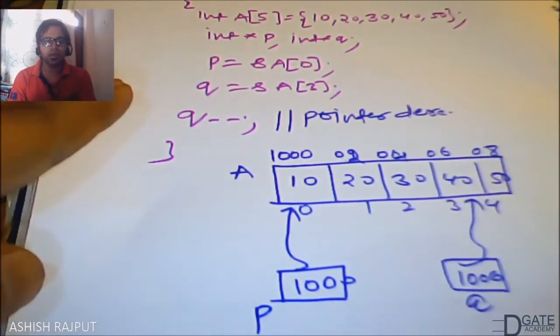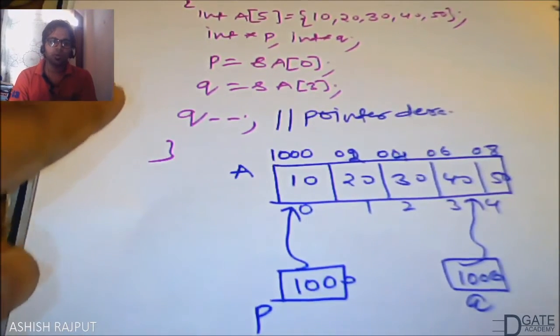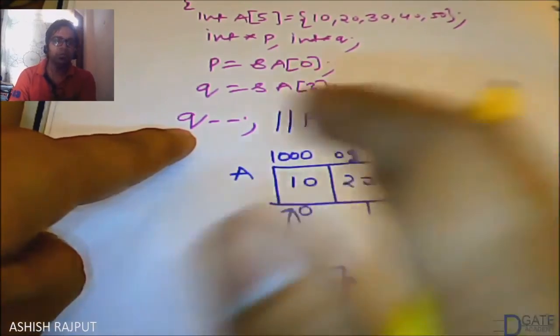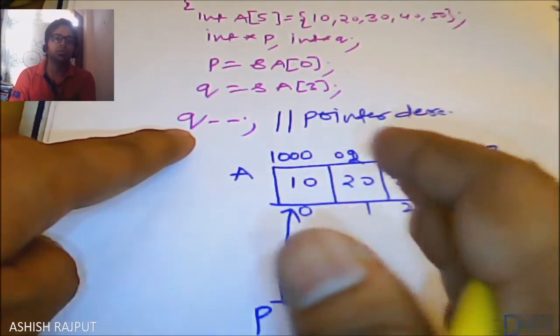In the similar manner, in pointer decrement, we say that move to the previous element or the previous integer.